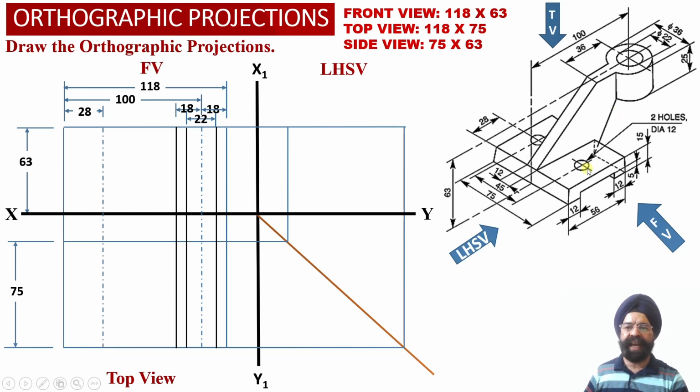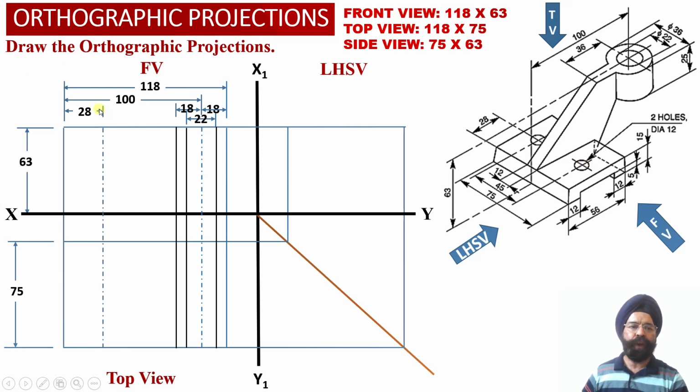Now we know that the diameter of these two circular holes which are going to overlap in the front view orientation is equal to 12 millimeter. So now these two end points of this circular hole need to be located in the front view projections. This diameter being equal to 12 millimeter, we are required to take an offset of 6 millimeter onto the left side and 6 millimeter onto the right side of this center point.